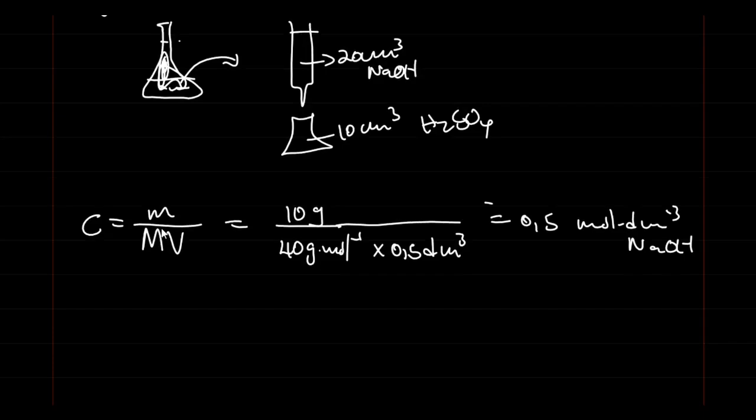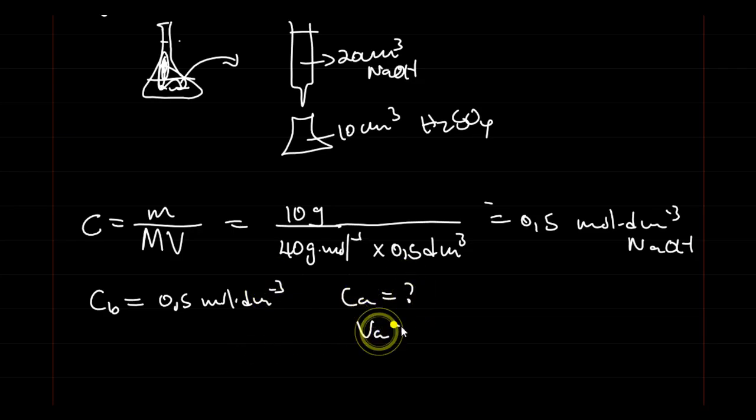So now we have Cb, which is 0.5 mole per decimeter cubed, and Ca is what we are looking for. We have Va, which is 10 cubic centimeters, and Vb, which is 20 cubic centimeters.